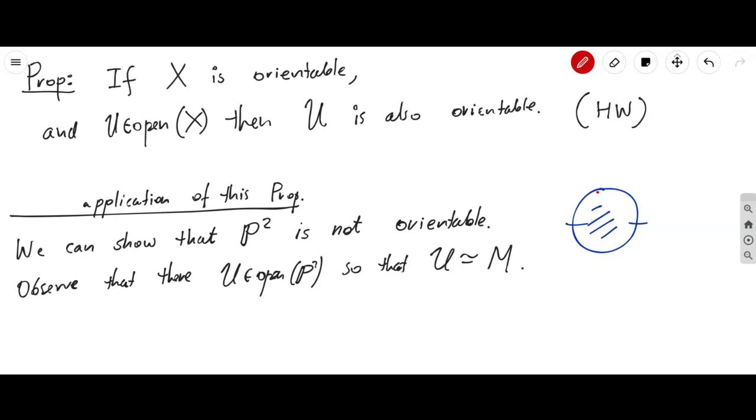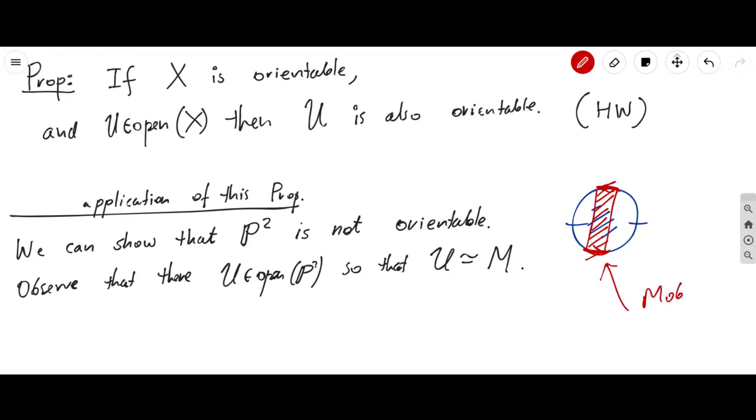So now look at this. Imagine you draw a band going straight like this. So we have this entire band, and then this piece gets glued with that piece, but with the opposite, they kind of get glued with a twist. And if you look at the thing in red, that is exactly a Mobius band.